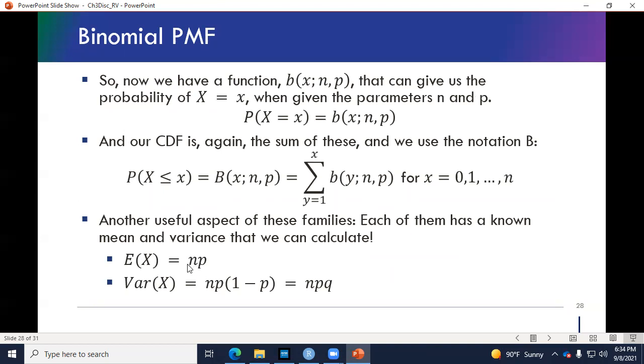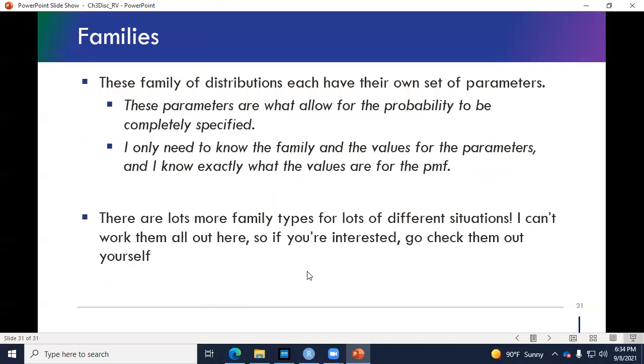There are formal proofs for how you get these formulas, but that's not really important for this class. You just need to know this is the expectation and this is the variance for a binomial distributed random variable, and you will use this over and over again. This family of distributions each has its own set of parameters, and once the parameters are specified, the distribution is fully known.